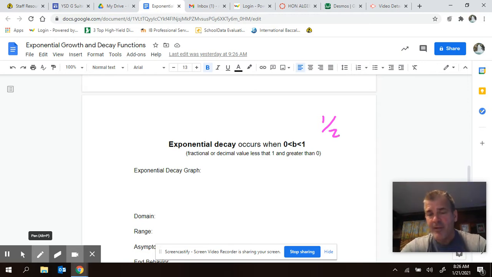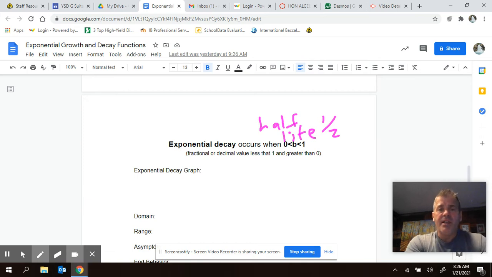Half-life is a very common application to these problems. From science, when we talk about chemistry, we talk about the half-life, how long something takes to decay a certain element. That gives you an example of how exponential decay is applied to real life.